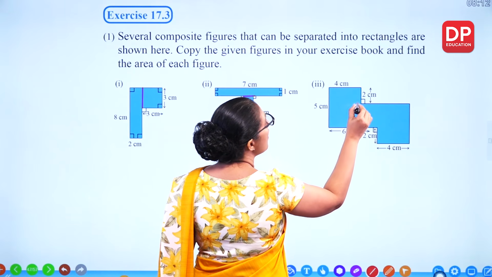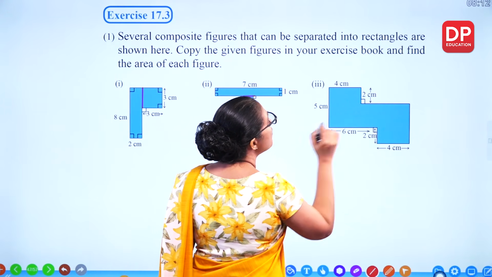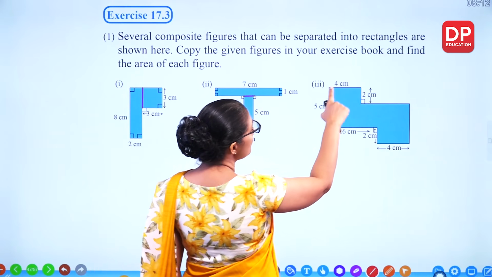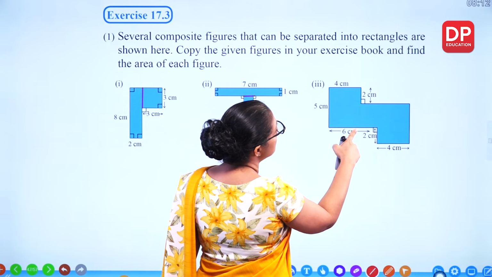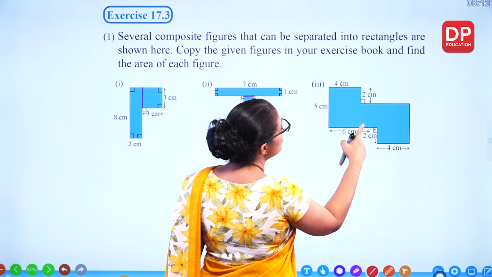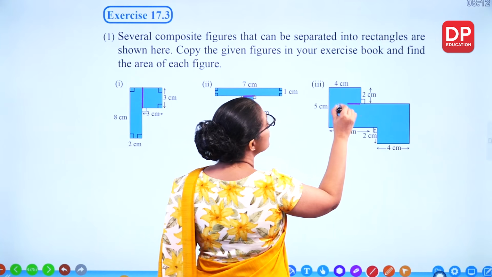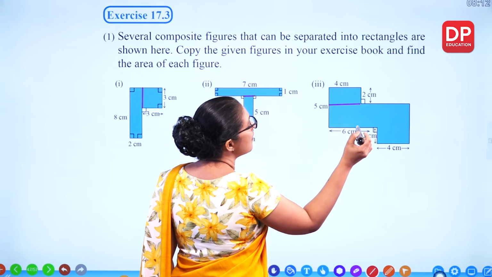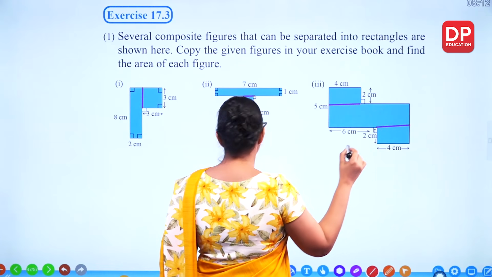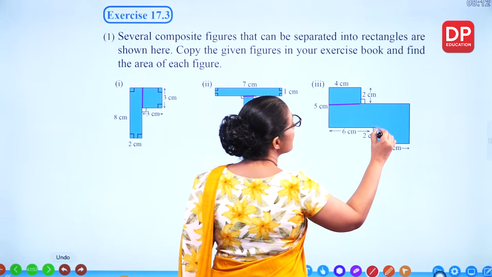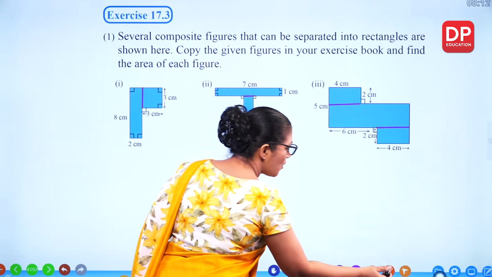So I can divide. Which one is easy? 4 and 5. And you can do 3. I'll do this way and this way. 3 rectangles. 3 rectangles like this. Now we'll find out.